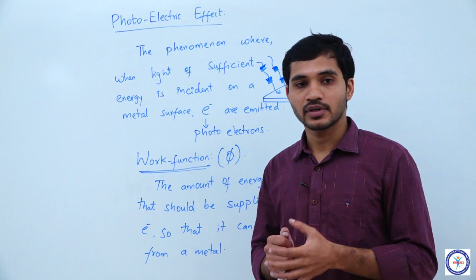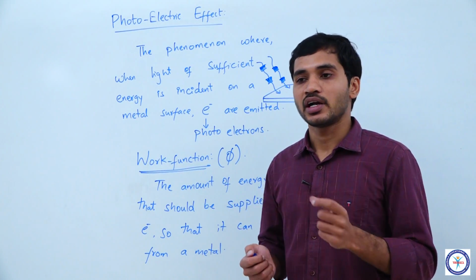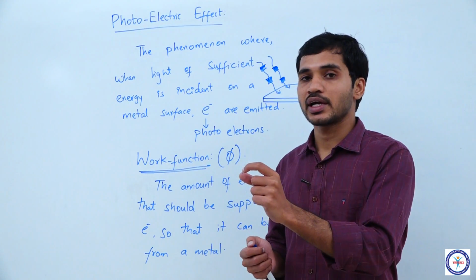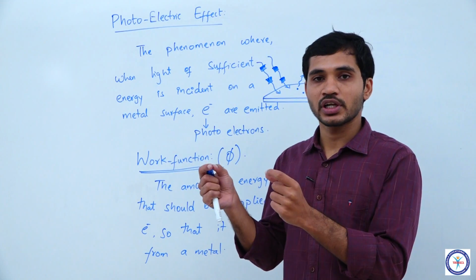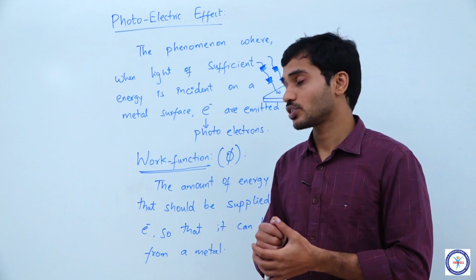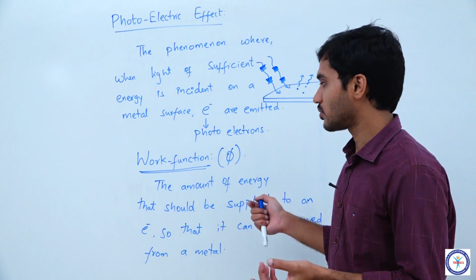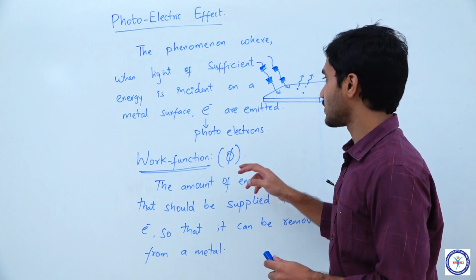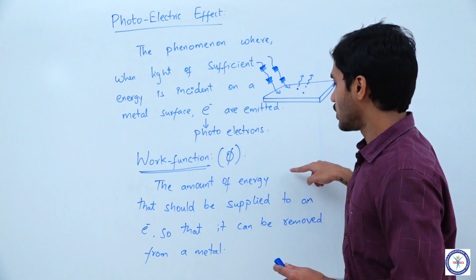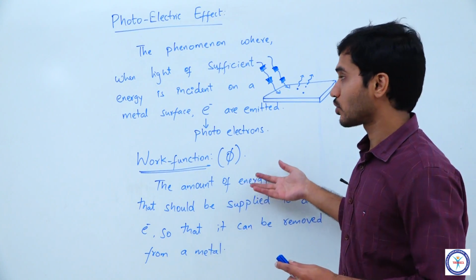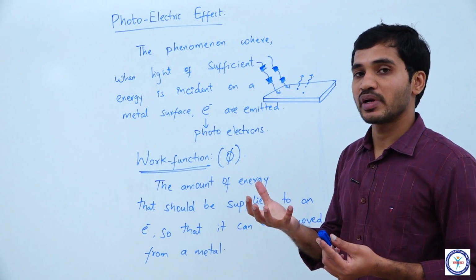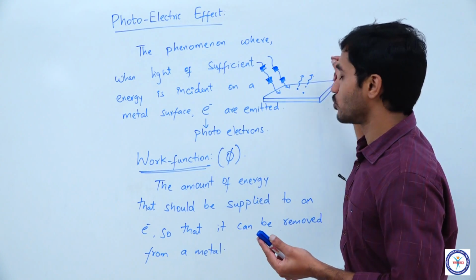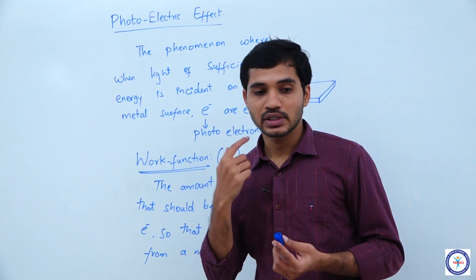Whenever you have a gas, and you take an atom in that gas, removing the electron from its outermost shell requires what we call ionization energy. That is completely different from work function. Work function is defined as the energy required to be given to the electron in a material, in a solid, on a metal surface, to be removed from there. So both are completely different.